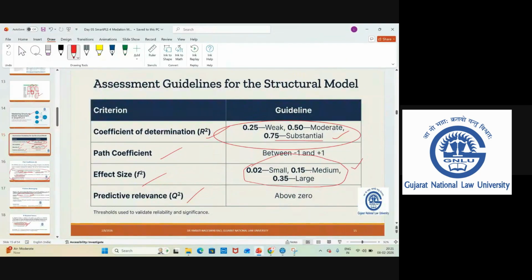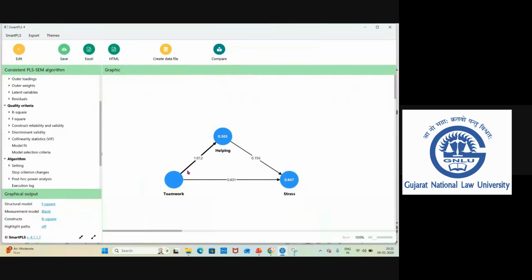Okay, so almost close to the medium effect size when it comes to the helping behavior. Whereas the next one, we have teamwork. It is having a large effect size. It is more than 0.35. Large effect size we have. Look at the result here. 0.401. So teamwork is having more effect on stress as compared with the helping behavior.